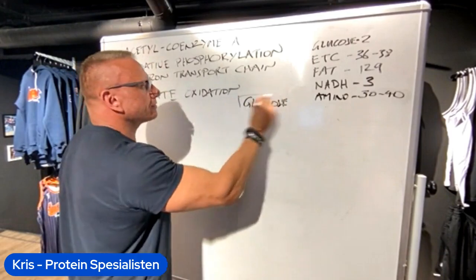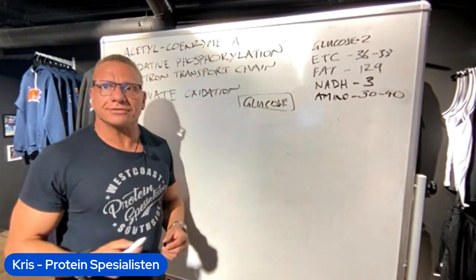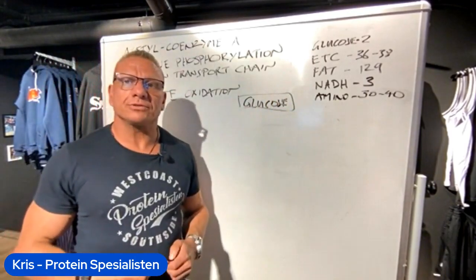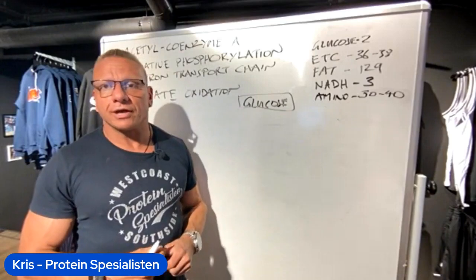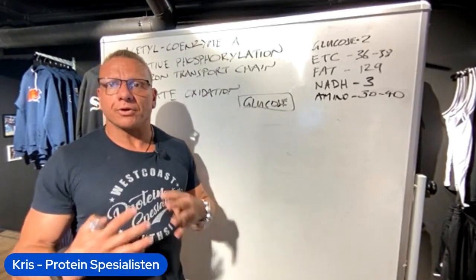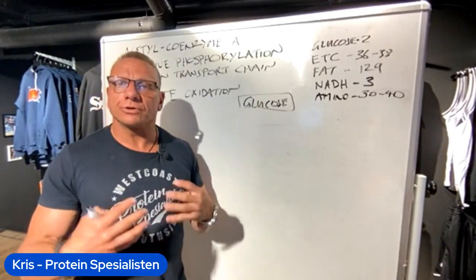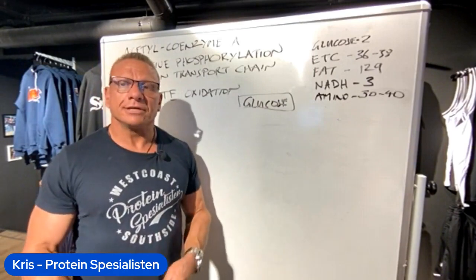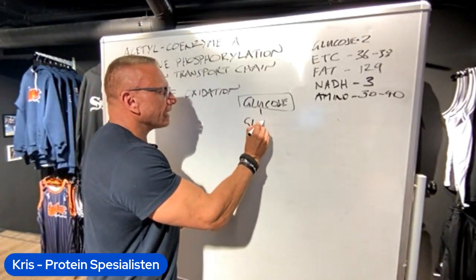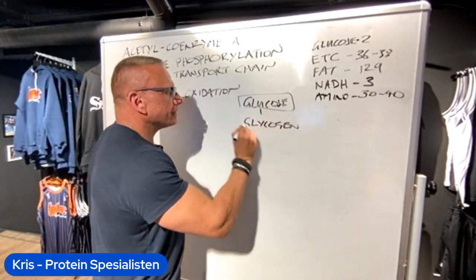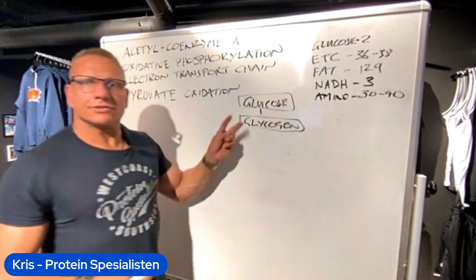Just like last time, we start off with glucose. Glucose is what we've ingested. We may have had some intra-carbs, some simple carbs, or some rice, potato and bread, and it's broken down through the amylase enzyme into glucose in the bloodstream, and then that glucose gets stored as glycogen in the muscle, as we discussed last time.